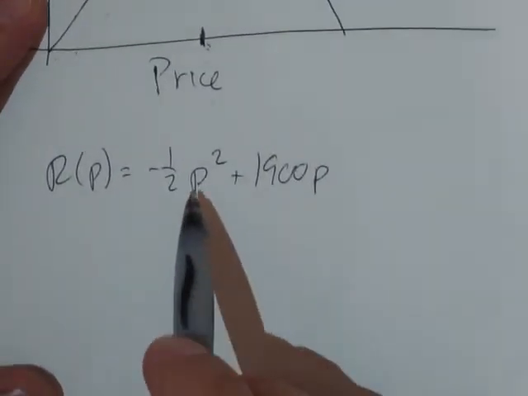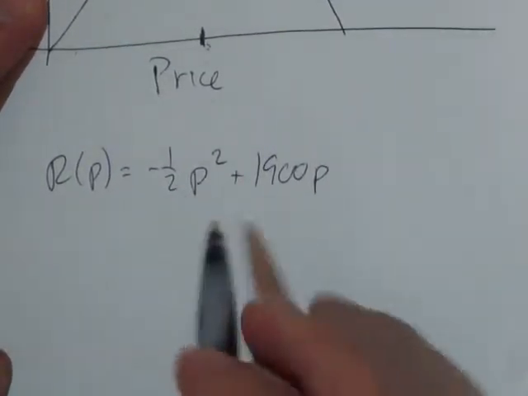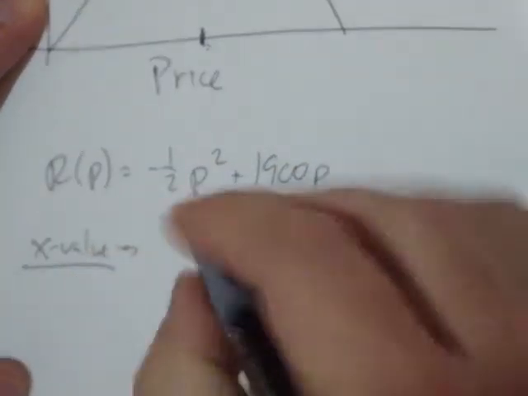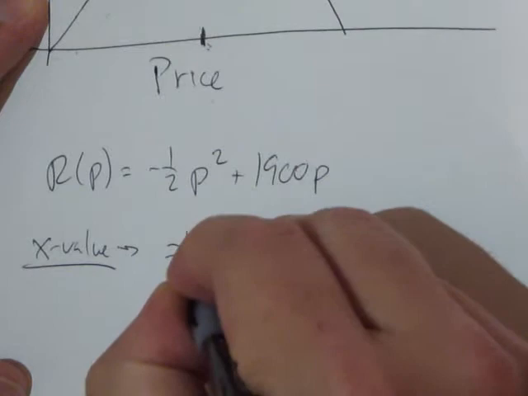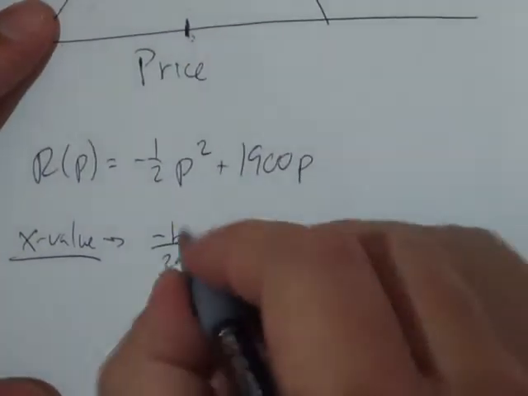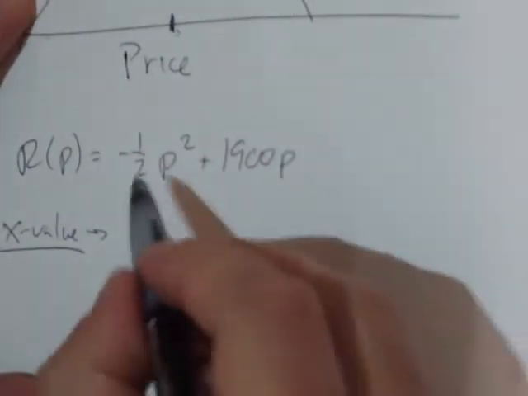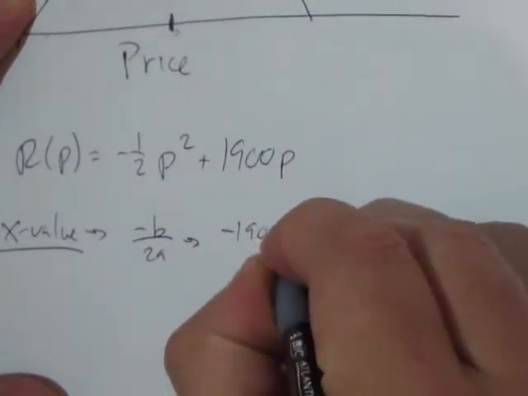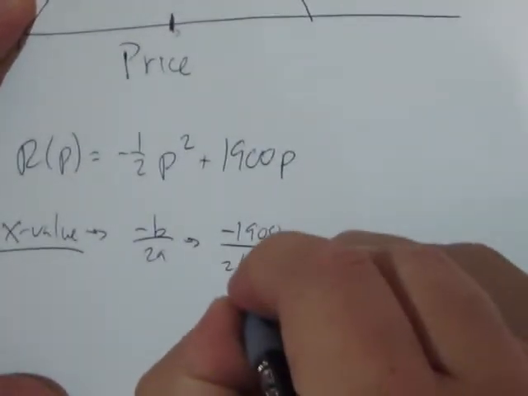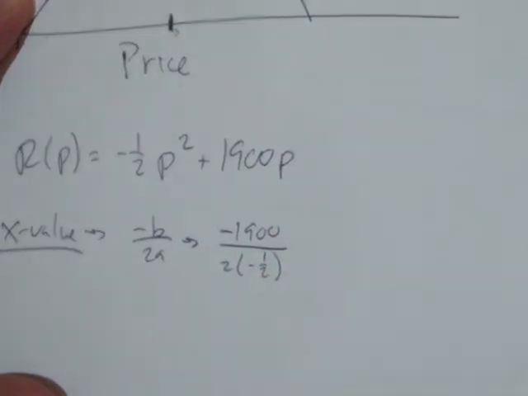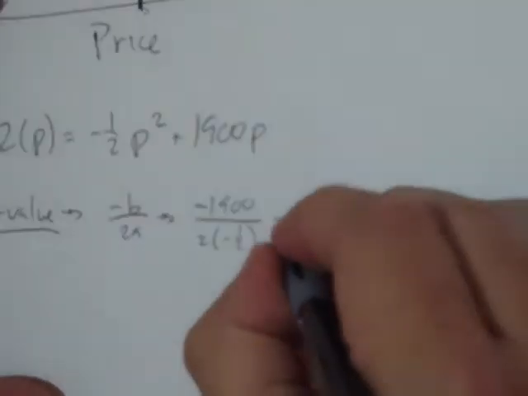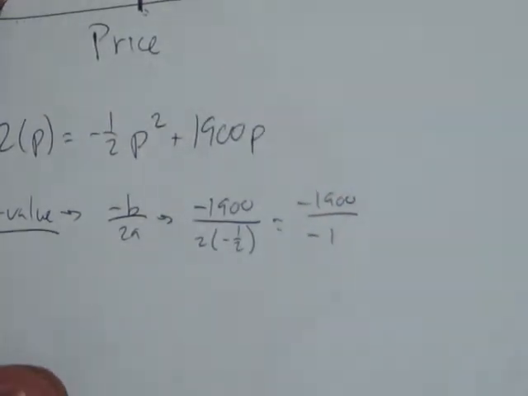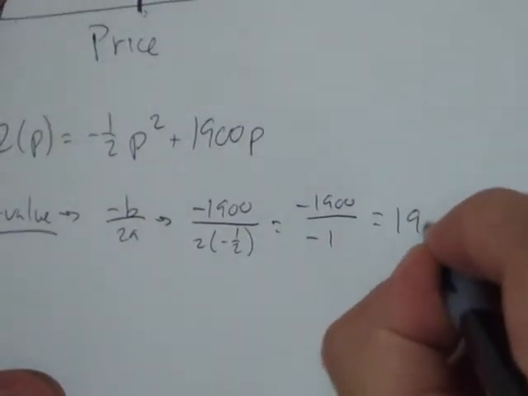If you remember how to find the vertex, we can find the X value of the vertex with negative b over 2a. So let's do that. This is the a, this is the b. So that would be negative 1900 over 2 times negative 1/2. So that would be negative 1900 over negative 1, and that'd be 1900.